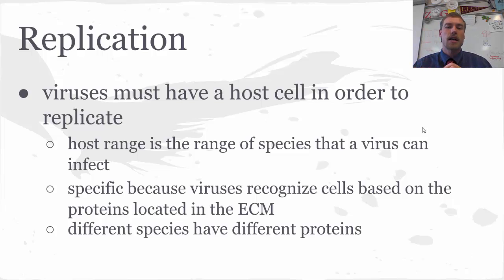Specific viruses recognize cells based on the proteins that are located in the extracellular matrix. Those are proteins that signal that this is a nerve cell or a blood cell or whatnot.